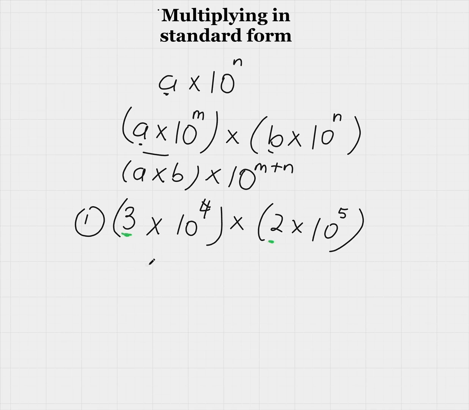So 3 times 2 gives you 6 times 10, and then we add the powers. So 4 plus 5, and we end up getting 6 times 10 raised to the power 9. So that is what the rule says when it comes to multiplying in standard form.